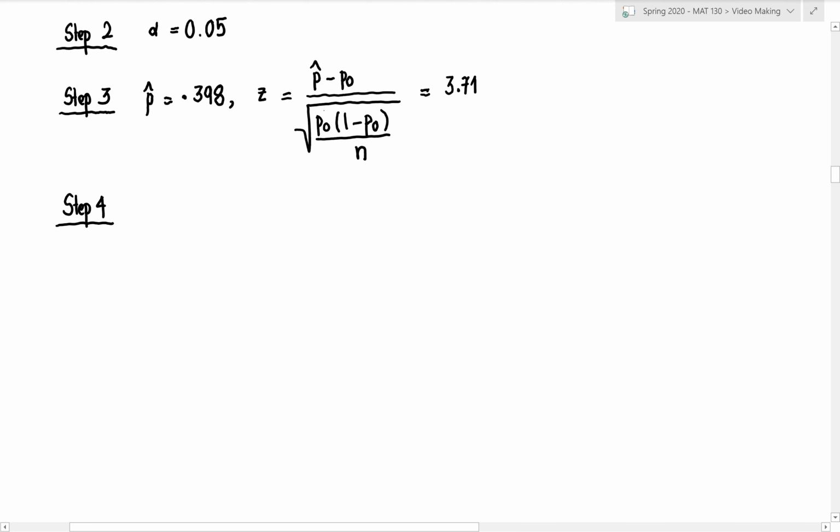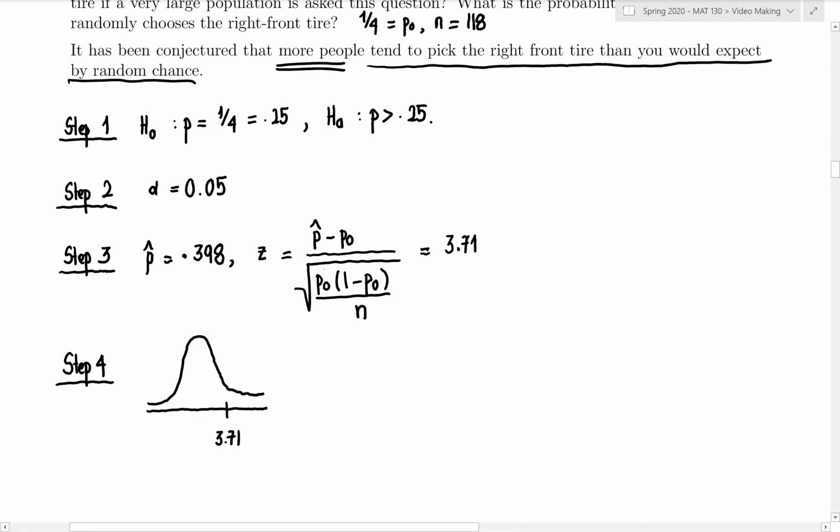Step 4 is to go ahead and find the p-value. Again, we always draw our picture because the pictures really help. Our test statistic is 3.71, so we have a right tail test. When we have a right tail test, we are interested in the area to the right of our test statistic, since we have greater than.